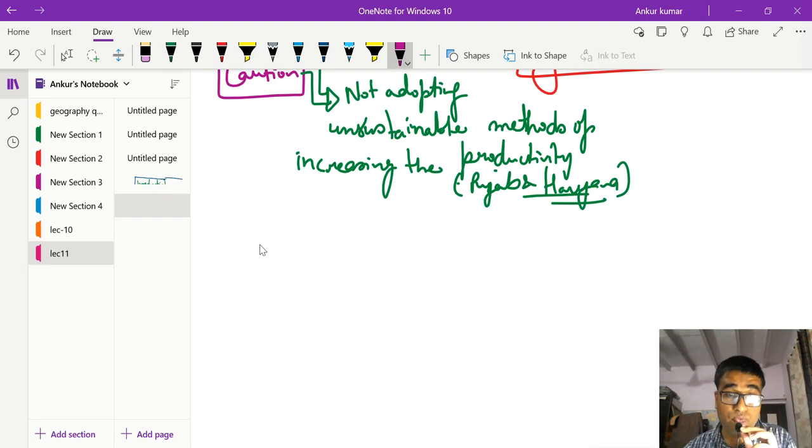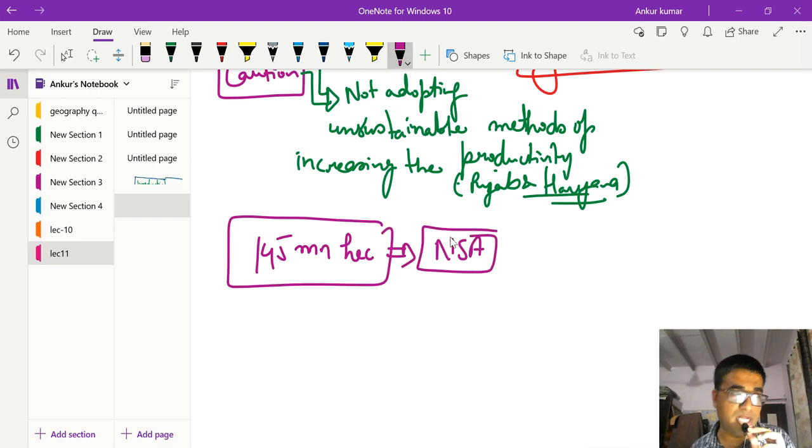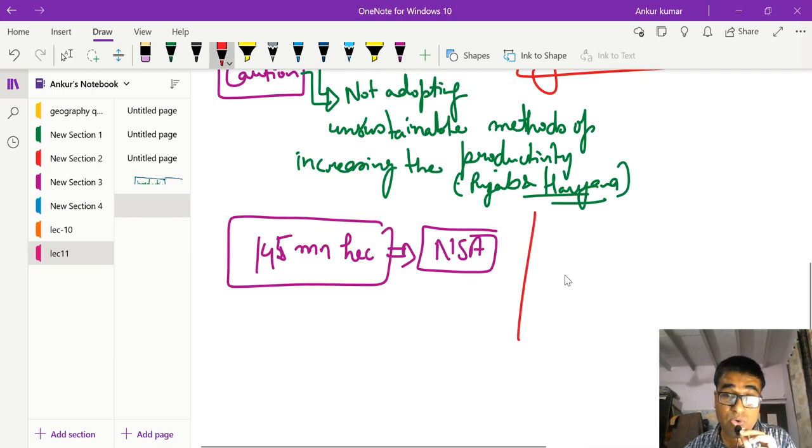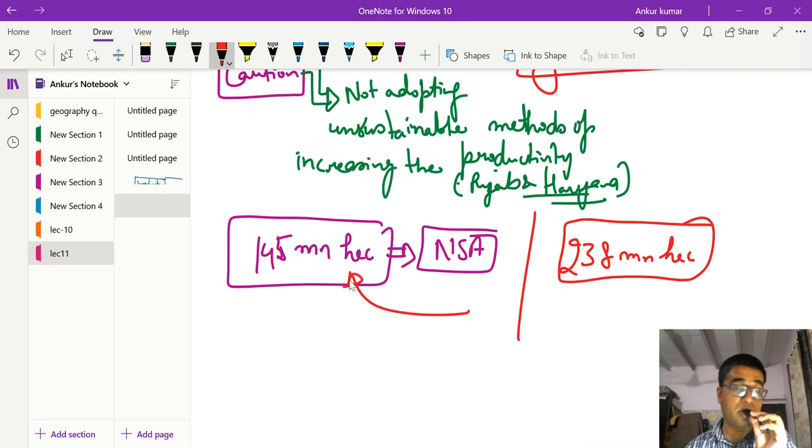Currently India has close to 145 million hectare of land which is cultivated, which falls in this net sown area. Now if I set the context, India's total area is 238 million hectare, and out of this you are cultivating 145 million hectare net sown area.